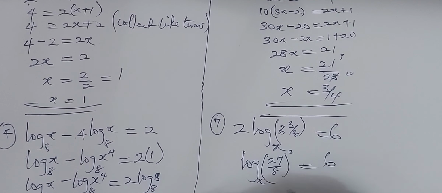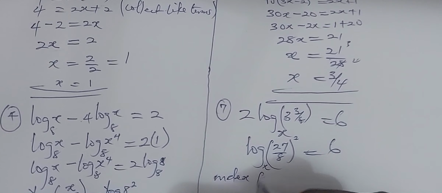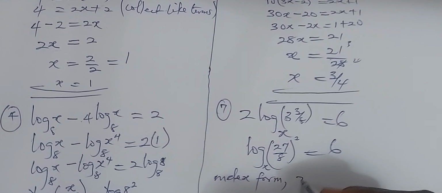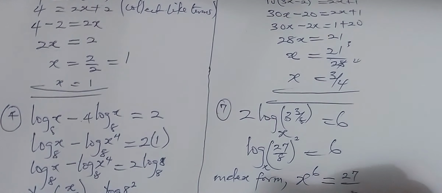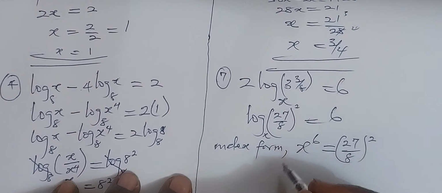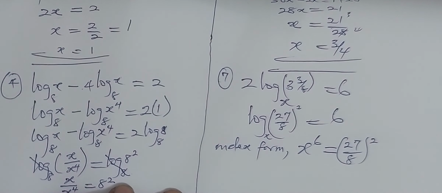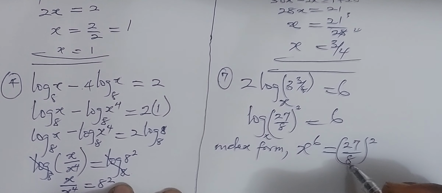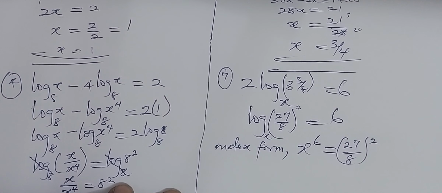Remember, we can rewrite this one in index form. In index form, x raised to the power of 6 is equals to 27 over 8 raised to the power of 2. But this can be raised to a power. Like 2 raised to the power of 3 will give you 8. 3 raised to the power of 3 will give you 27.